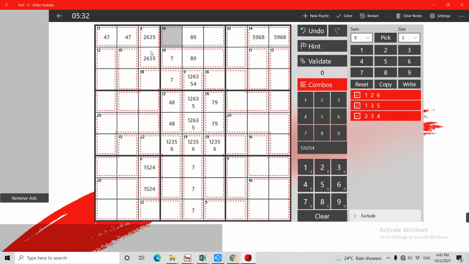It has to be 6 and 2 or 3 and 5. Okay. Now sum of 10, size of 2, cannot use 4, cannot use 7.